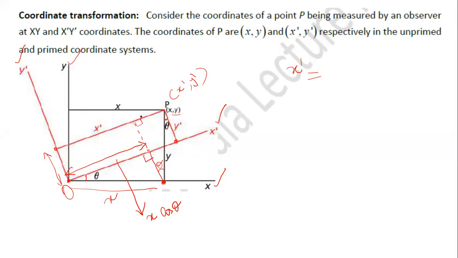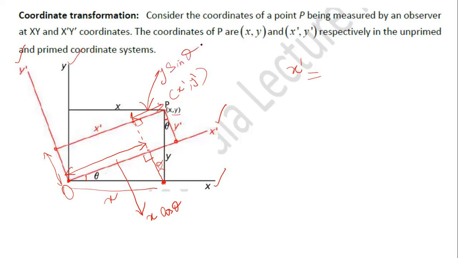So between this point and this point, you can imagine there is another right angle triangle. If this is theta, what is this length here? From trigonometry, if this is y, then this length will be y sine theta.